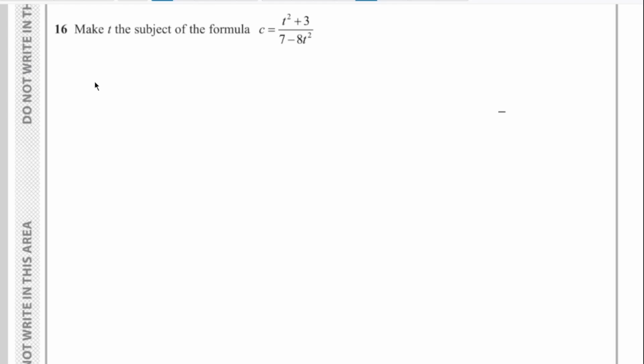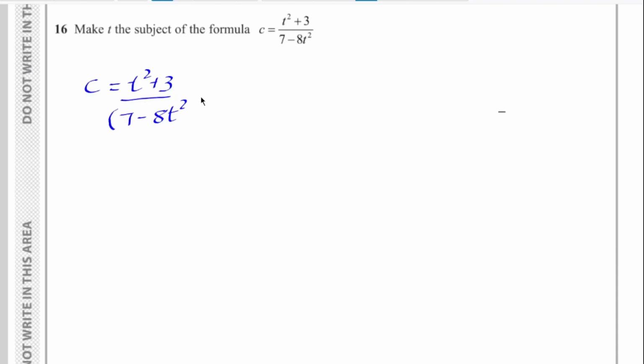So it is c equals t squared plus 3 over 7 minus 8t squared. Right, now I need to bring this to the numerator. Therefore, I'm going to cross-multiply this one.